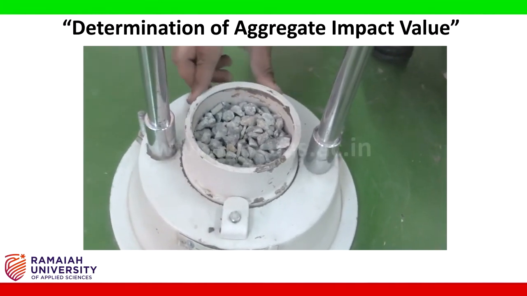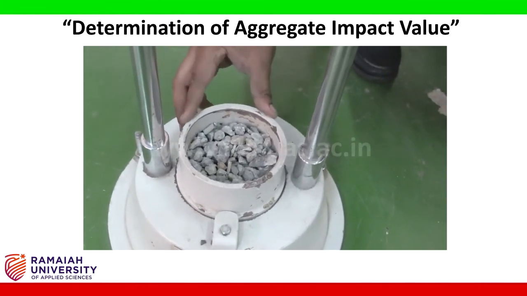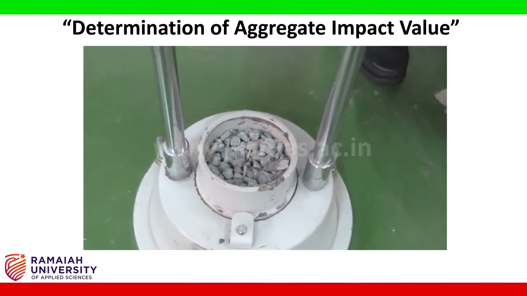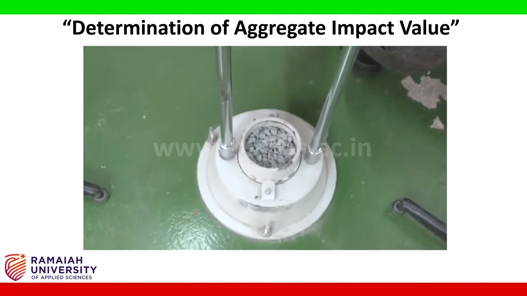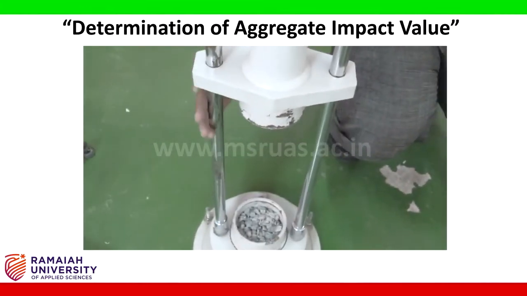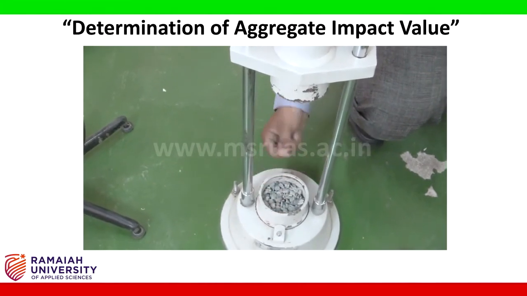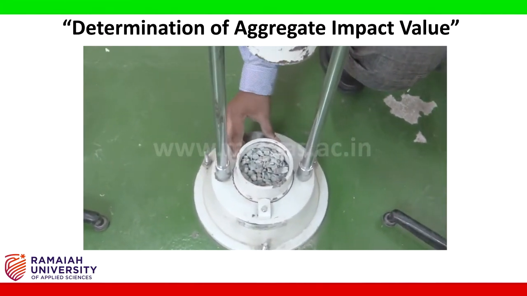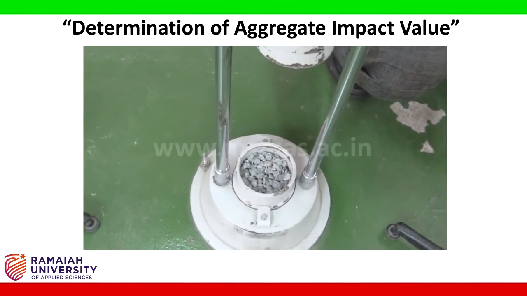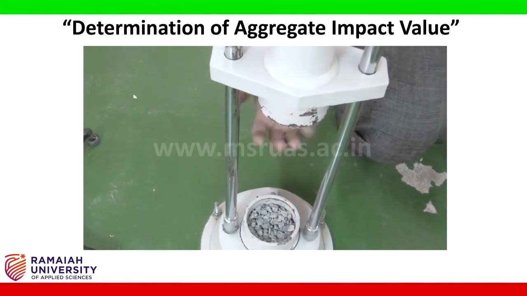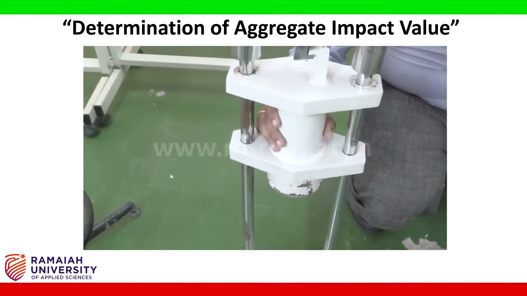Now the testing mold is in exactly the intact position on your apparatus. Please make sure that while doing the operation, none of you place your hand on the mold. It's going to create a lot of impact energy, and there is a chance that your hand will be crushed because of the impact load.